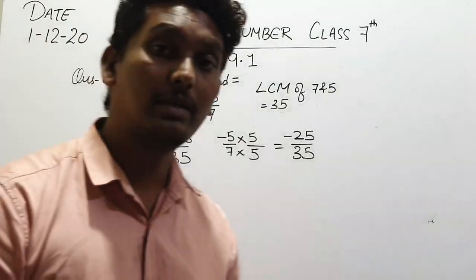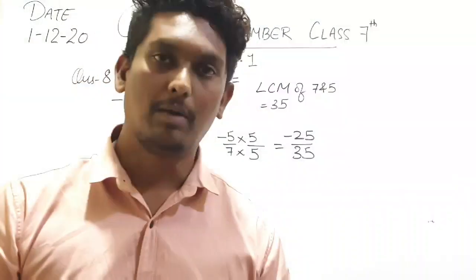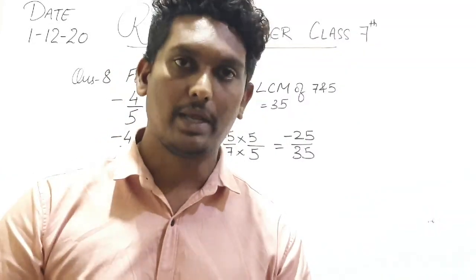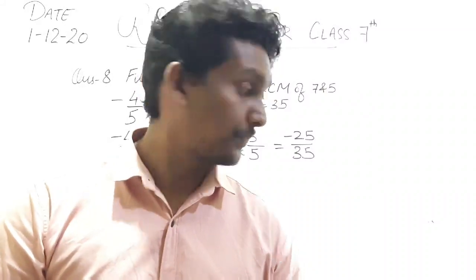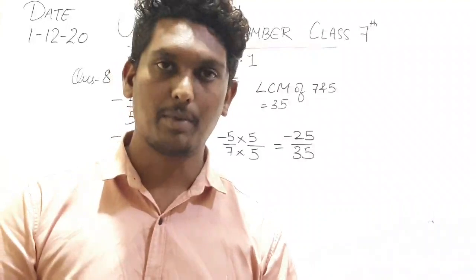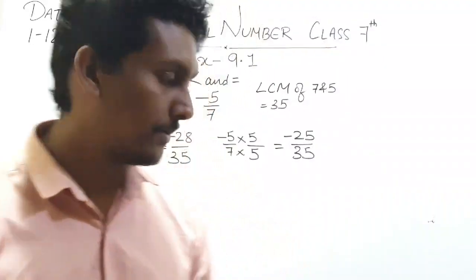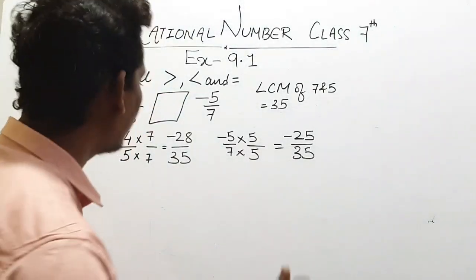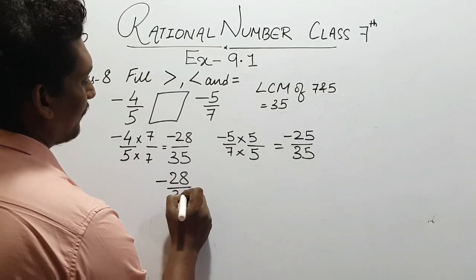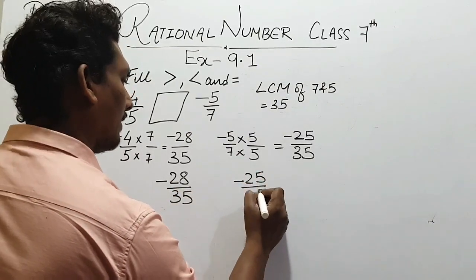So hope you have studied in the integers chapter, when we are talking about negative numbers, right? Only in negative numbers, the smaller numbers are greater than the bigger one. So here don't get confused. Here we are having minus 28 by 35, and here we are having minus 25 by 35.